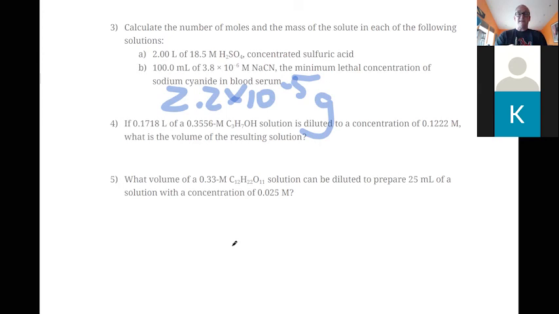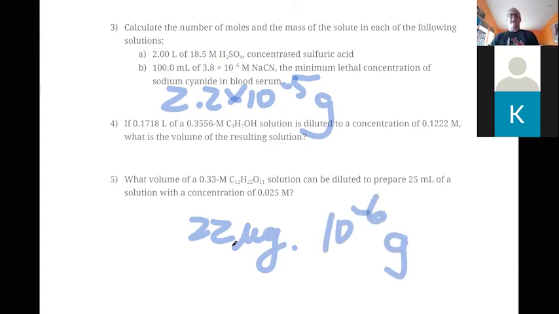So you can see that's not a lot of sodium cyanide. That is 22 micrograms. A microgram is 10 to the minus 6 grams. So 22 micrograms is an incredibly small amount. Cyanide is very nasty stuff.